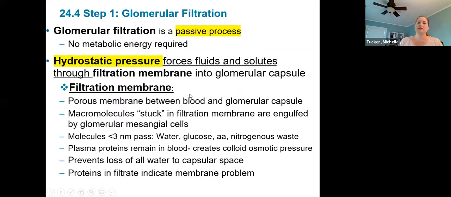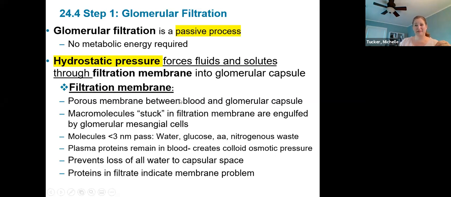Okay, so the hydrostatic pressure occurs because of the difference in diameter of the afferent arteriole and the efferent arteriole. That forces fluids and solutes, small solutes like glucose, amino acids, sodium, magnesium, potassium, through the filtration membrane.